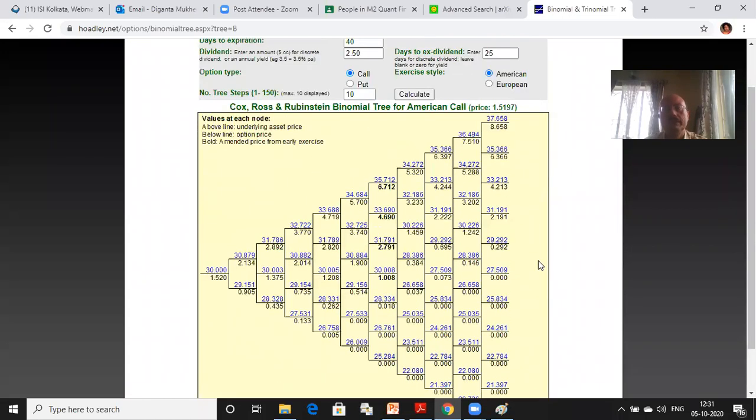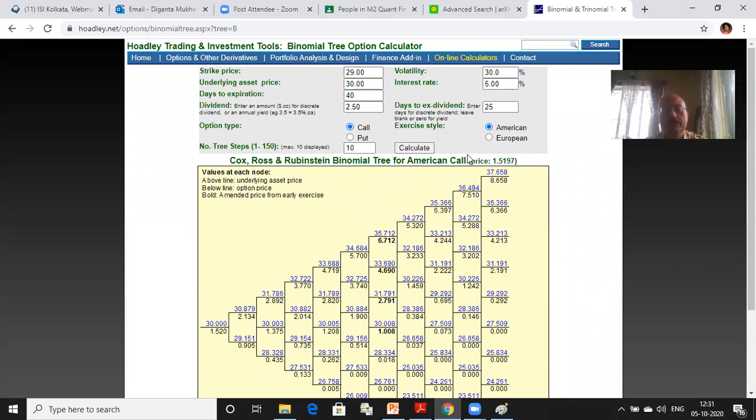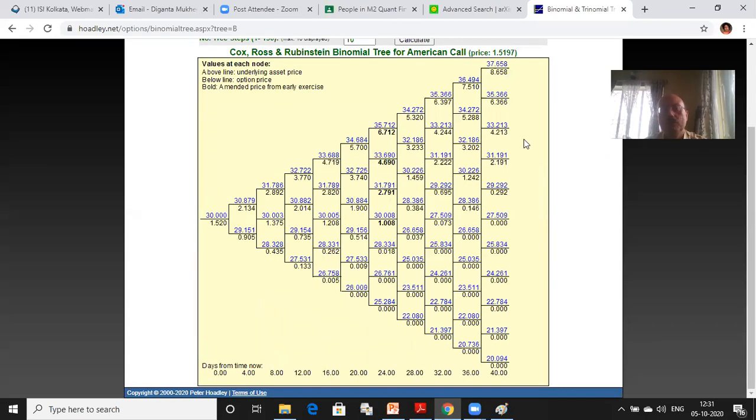So you see, this is looking at an American option where the strike price is 29, underlying asset price starts at 30, and I have 40 days broken up into 10 steps. So if I do all these calculations from the terminal node here, I will end up with a price of 1.52.